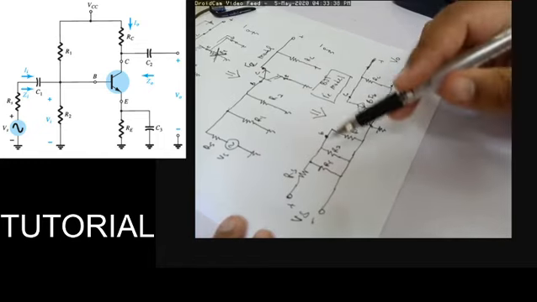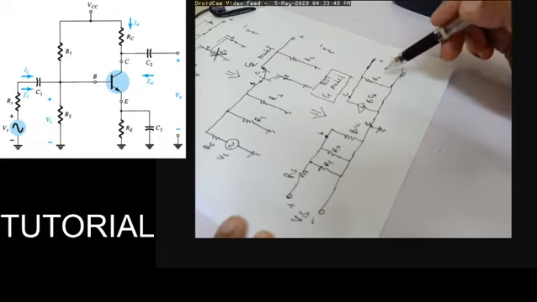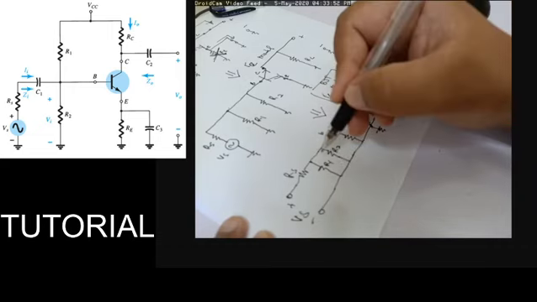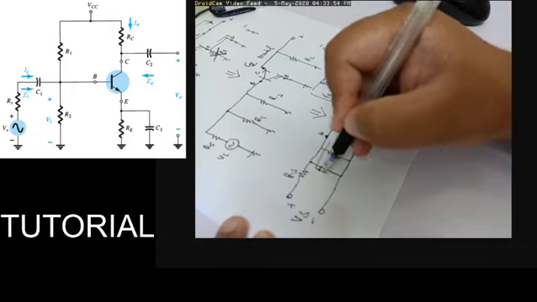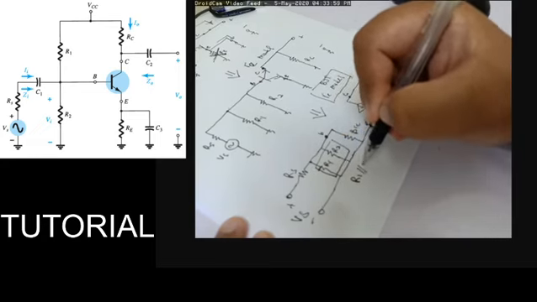This is for the BJT voltage divider circuit. What we are going to do to analyze the circuit is, first we can combine R1 and R2. Actually, R1 is in parallel with R2.